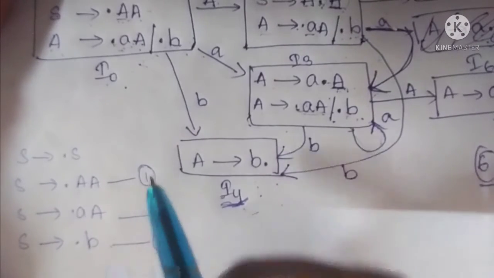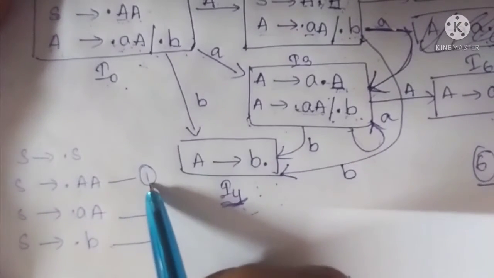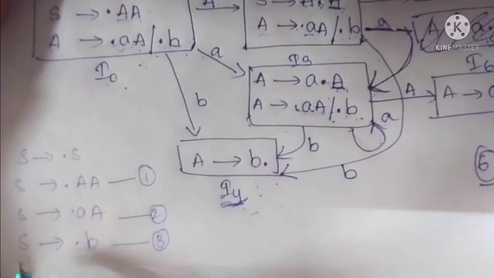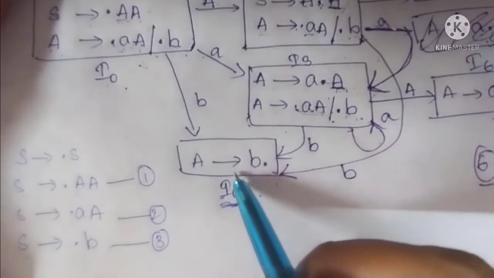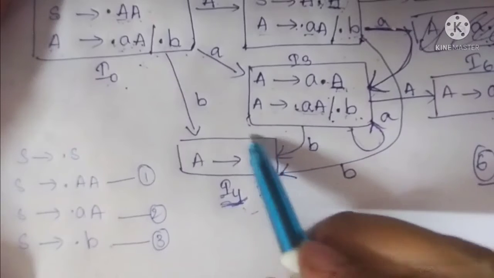I am numbering them as first, second and third. So here we are checking for the reduce operation in I4.